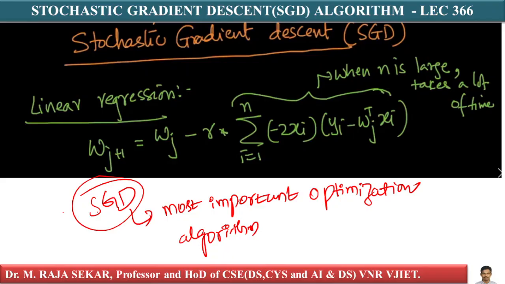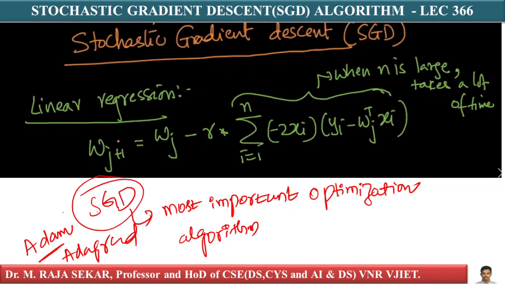In deep learning, people have modified SGD further and come up with many variations like ADAM and ADAGRAD. These things I will discuss in future classes. These are all variations of SGD, which has literally become the most important algorithm in data science today.